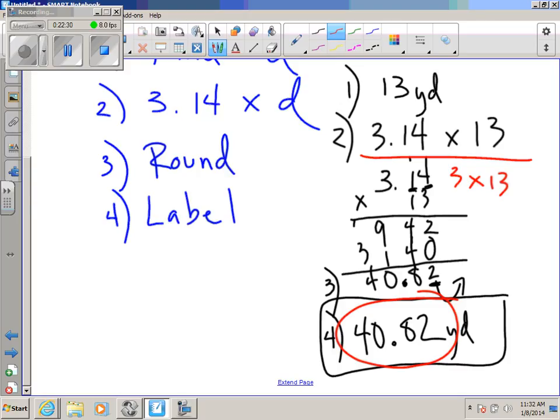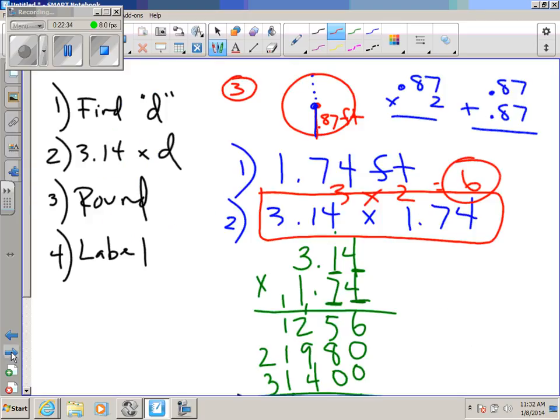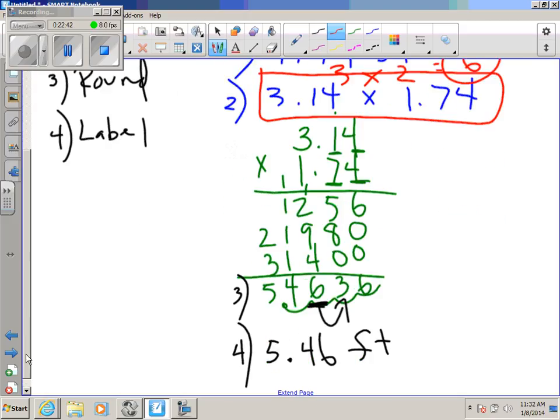So you can go back and check and say, am I somewhat close? That's not going to prevent you from catching every single mistake, but if you have, like, 803 here instead of 5.46, then you know you're off. It gives you something to go back to and take a look at. So we did 3.